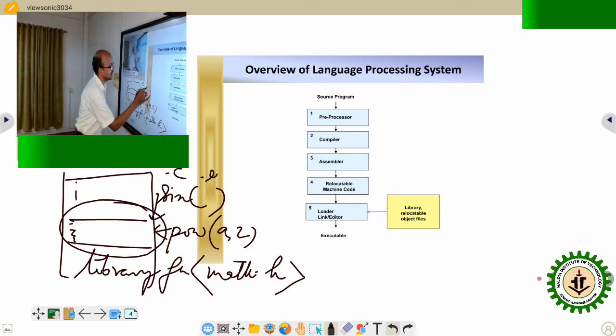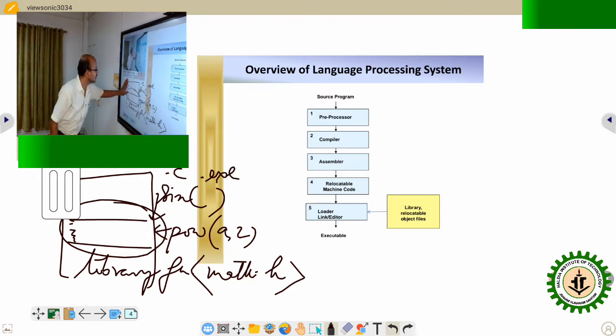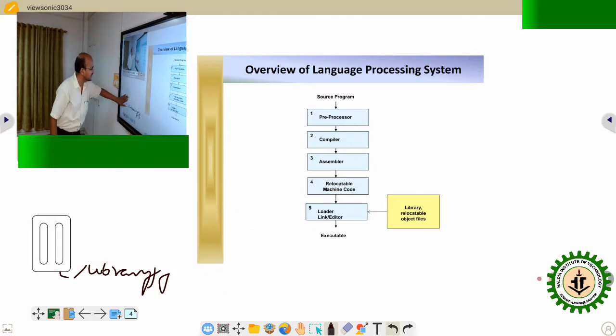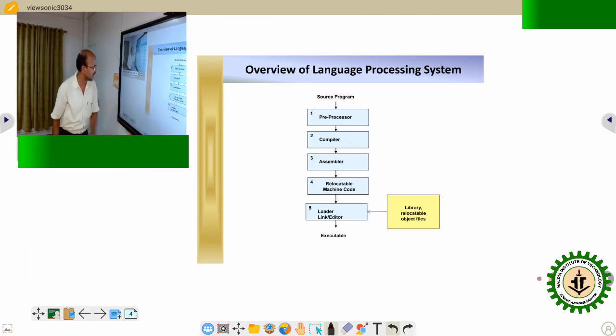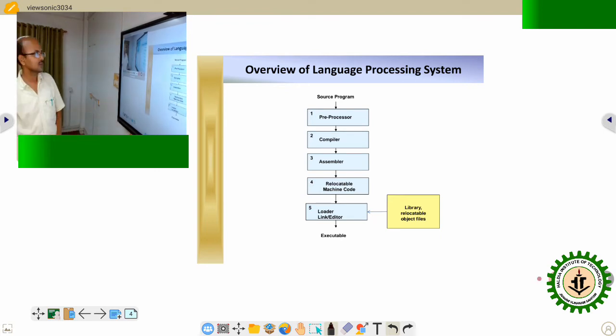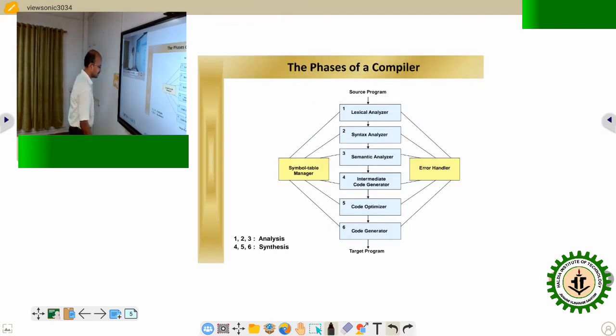These are all the formalities you should know, happening behind the language processing. Means if you write one program to be executed in a system, we need to do those types of operations behind the programming.